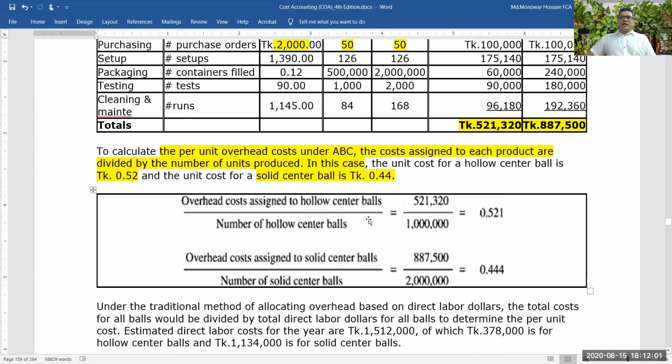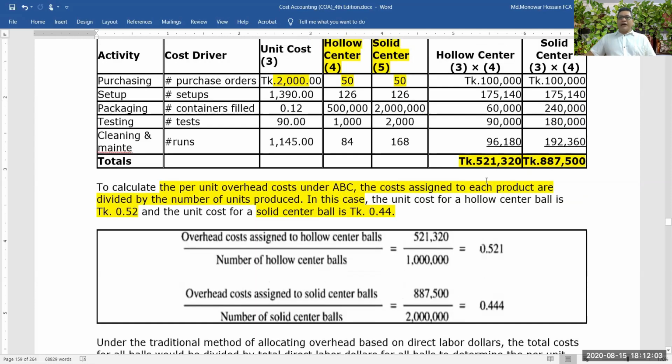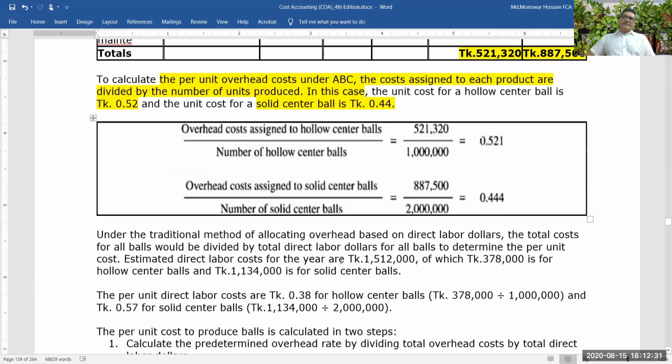Overhead cost assigned to hollow center ball here 5,21,320, and we divide by 1 million or 10 lakh. So we get 0.521. This 0.521 means 0.52. Okay, and overhead cost assigned to the solid center ball 8,87,500, and we divide by the number of solid units, 20 lakh, then we get 0.44. Okay, so the rate is here.